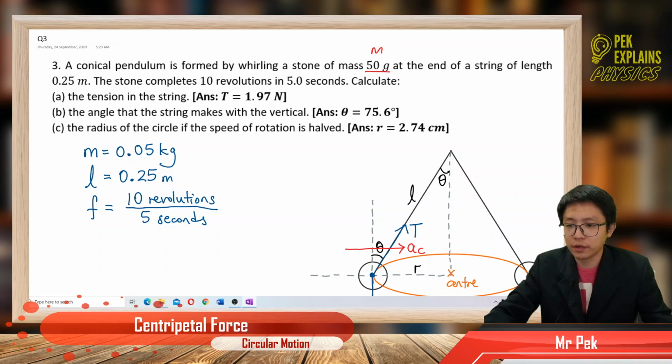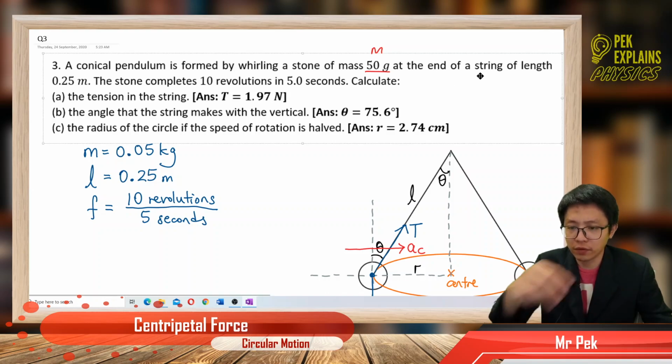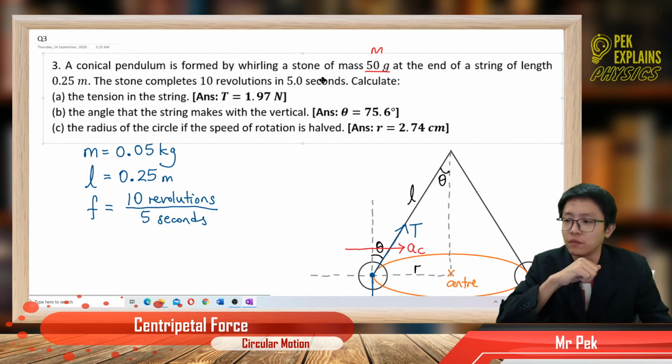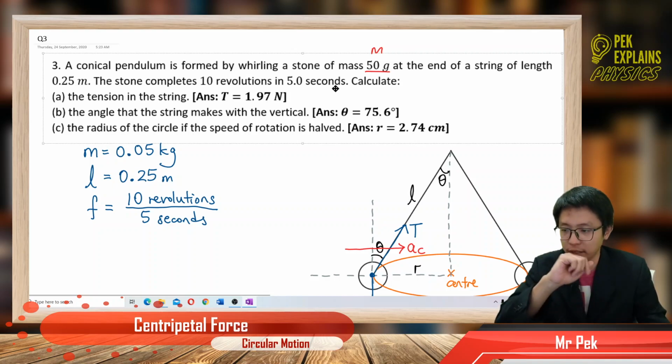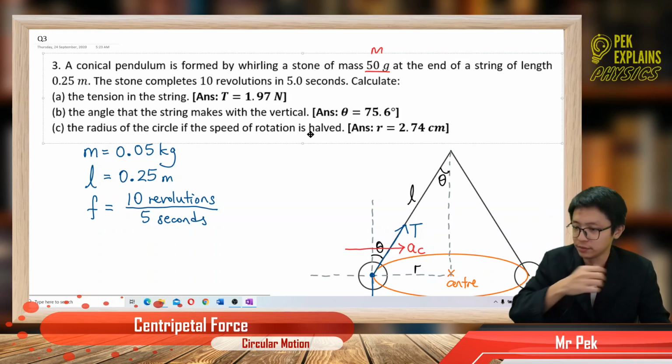At the end of a string of length 0.25 meter, this is the length, the stone completes 10 revolutions in 5 seconds. You can get revolution per second, RPS. Calculate the tension in the string, the angle that the string makes to the vertical, meaning this angle theta, and the radius of the circle if the speed of rotation is halved.